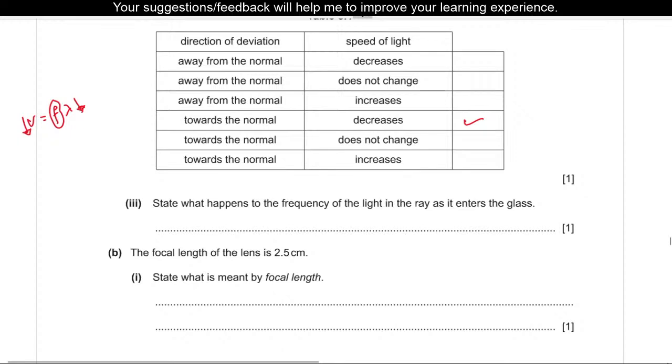Source is the same. So when this light goes from an optically rarer medium to an optically denser medium or from an optically denser medium to an optically rarer medium, its velocity and wavelength will change, but its frequency will remain constant. So its answer is frequency remains constant.